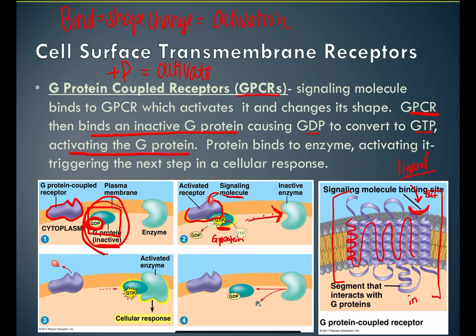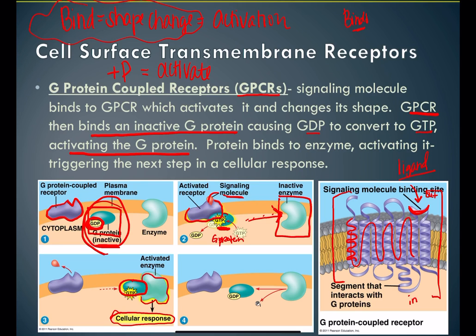The activated G protein is going to bind to that enzyme. When it binds, we have a shape change, and you see that here. This inactivated protein kind of looked like a backwards C. Now it looks a little bit different. It caused a shape change. And then that activated enzyme may go on and elicit a cellular response.